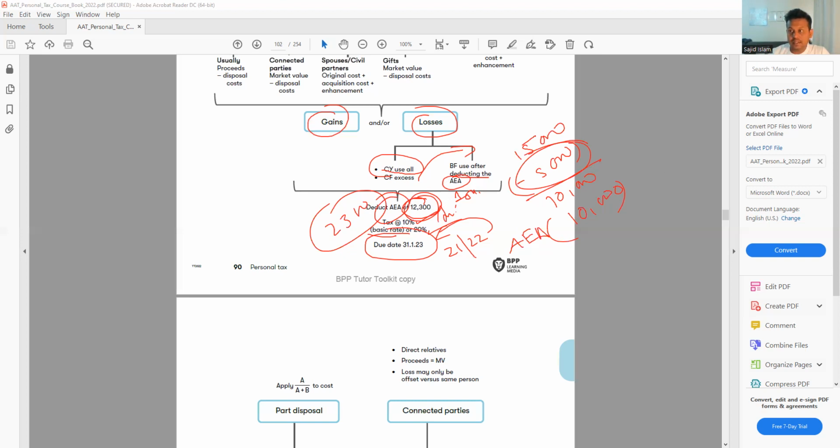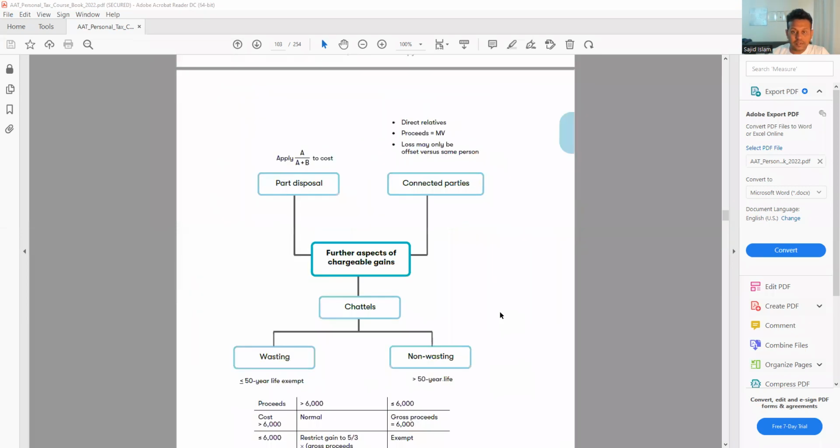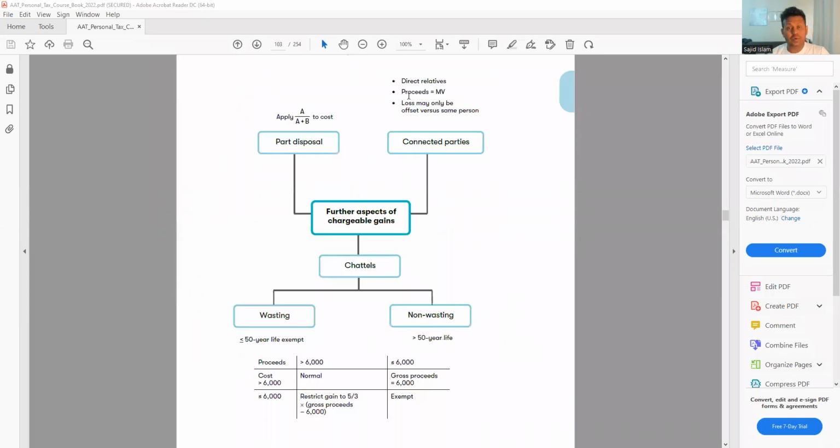All right, the next thing we have here, which we already discussed, is connected persons, direct relatives. You have to use the market value. Then we have part disposal. Part disposal happens when you don't sell the whole property. For example, if we have land of 3 acres and we only dispose of 1 acre.